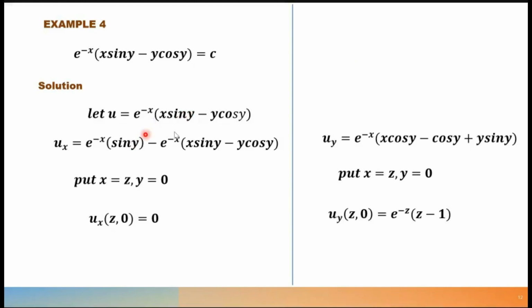I normally take the bracket term as one function and then apply u into v. Or if you feel that, you can take e raised to minus x inside and then simplify. It's up to you. Derivative has to be correct. That is really important. Substituting in f dash of z.